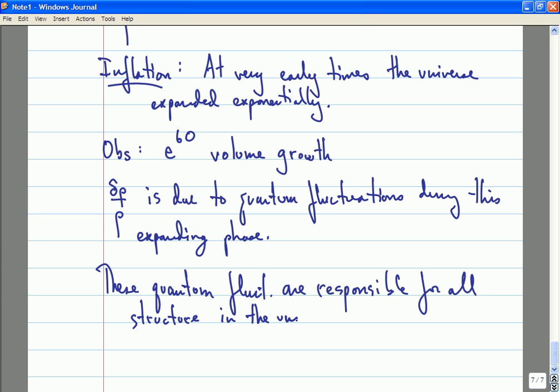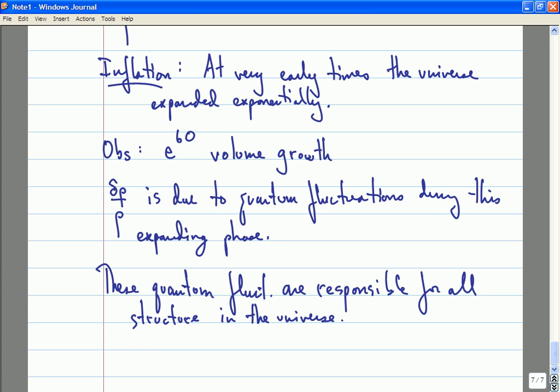Namely, in the theory of inflation, the universe will be very homogeneous, and all of the inhomogeneities that we are ignoring in our FRW model come from quantum fluctuations during this exponentially expanding phase. And these inhomogeneities are the sources, the seeds for the inhomogeneities that we observe in the universe today.